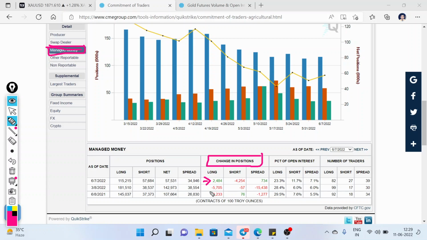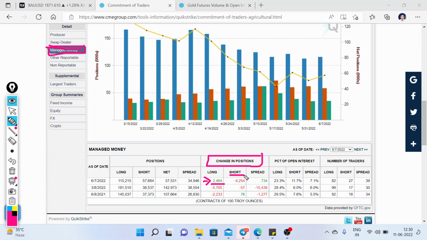If you are following the COT report, or you are following the videos and the posts that I shared in the Telegram channel, you can see that this time the long contracts are increasing compared to the previous COT report. So these green numbers over here mean that the smart money managers are adding money in the long contracts, and this time they have added 2484 contracts.